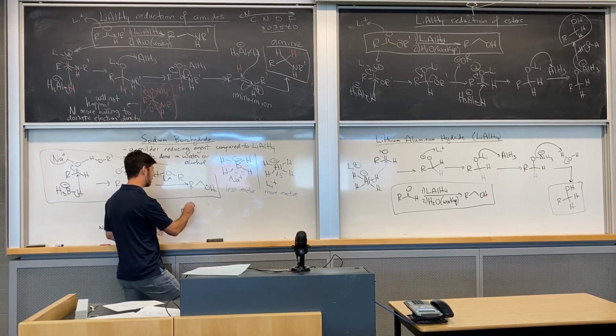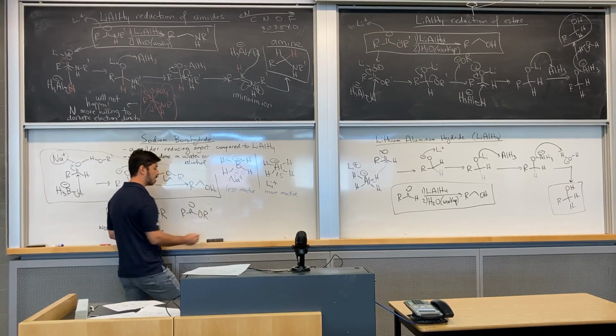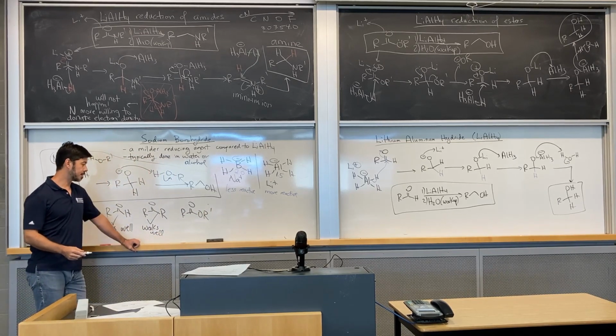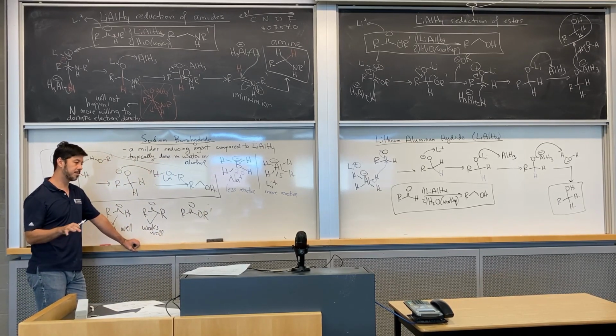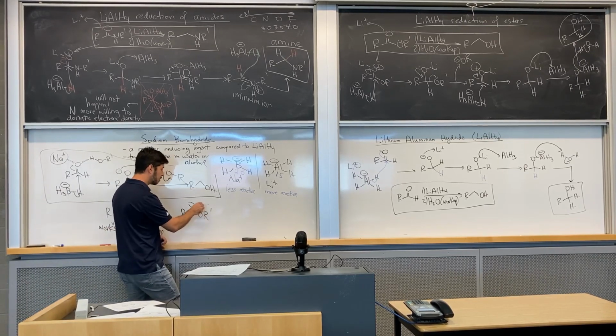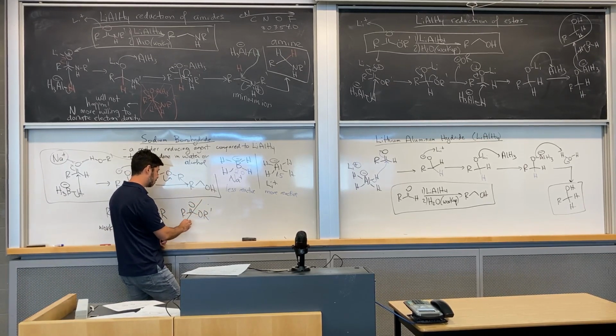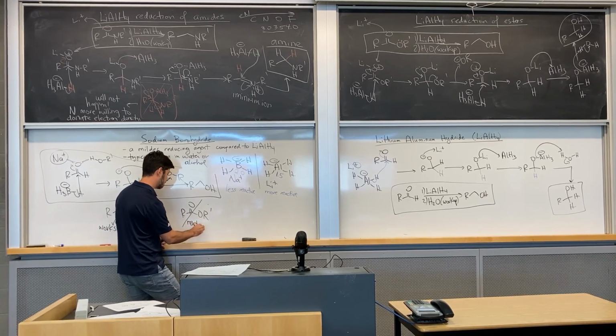If we have an ester, it's not very reliable. Okay, I'm not going to say it doesn't work, but it might be very sluggish, it might work very slowly, and it might not be very robust. So we'll put a little X through here and say it reacts very sluggishly or very slowly.